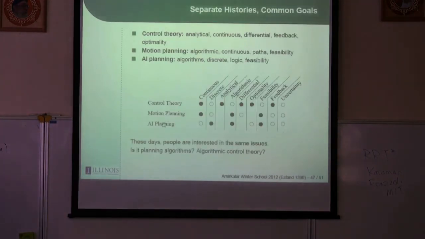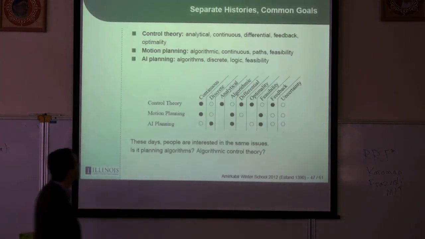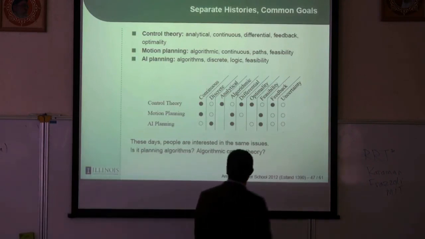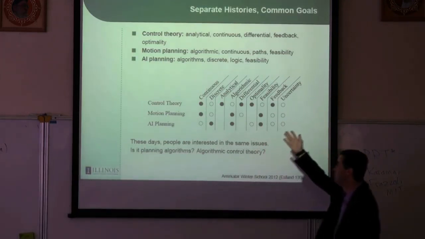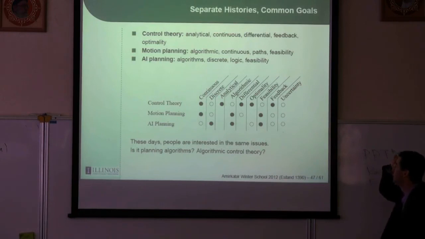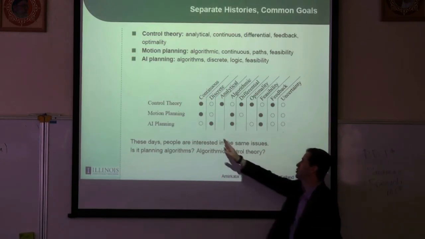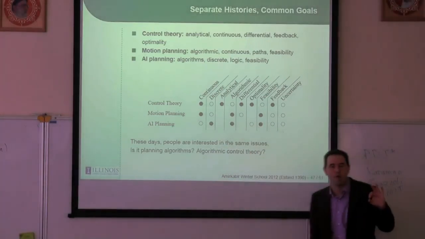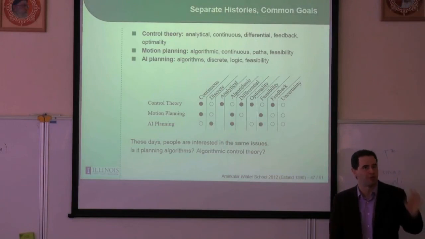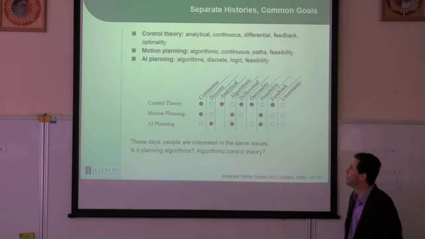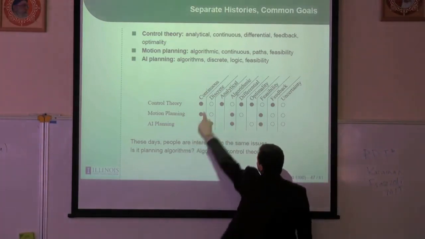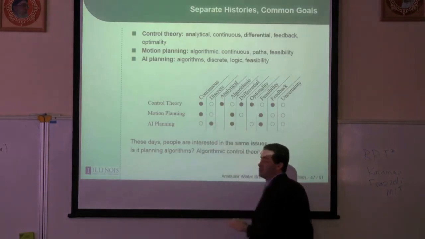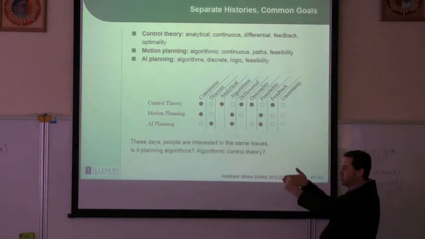All right, we'll take a break just a little bit, but when I think about it, I look at these different subjects: control theory, motion planning, as I've just given you an overview of, and artificial intelligence planning. Each of them has some different characteristics historically. I put some black circles for what these subjects dealt with historically, and what their main core focus was. For example, control theory: continuous spaces, analytical in the sense that the solution is in the expression on the board.